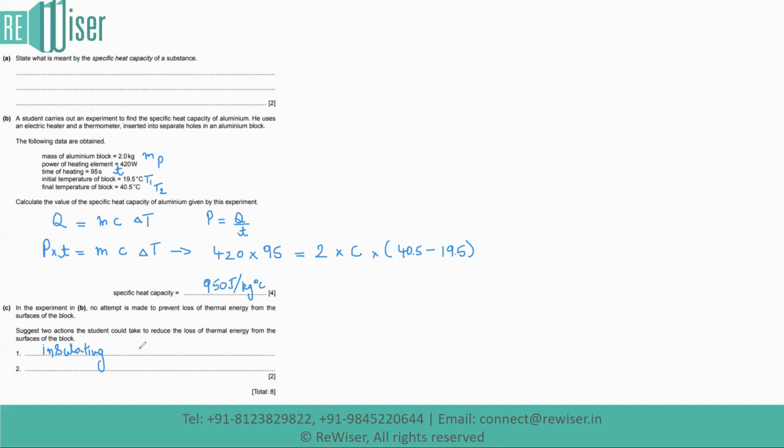Another way he or she can reduce it is by making sure the surface is coated by a shiny material.